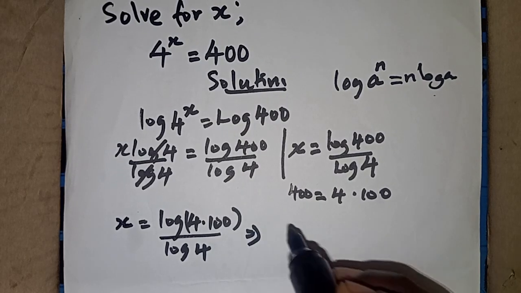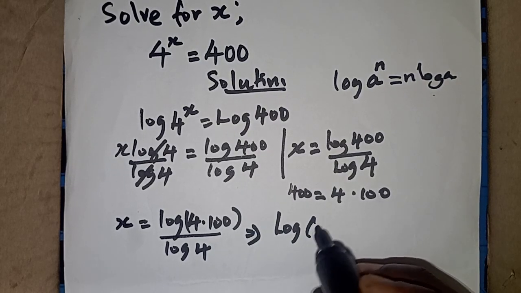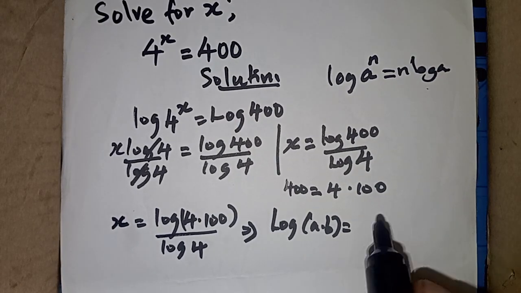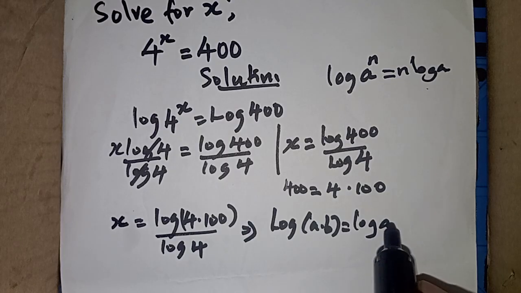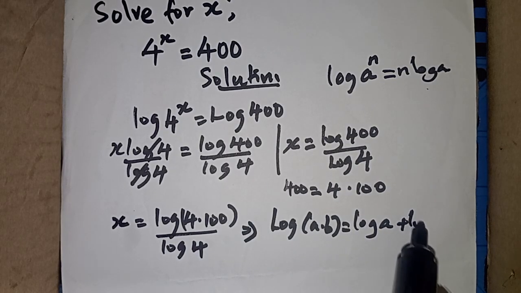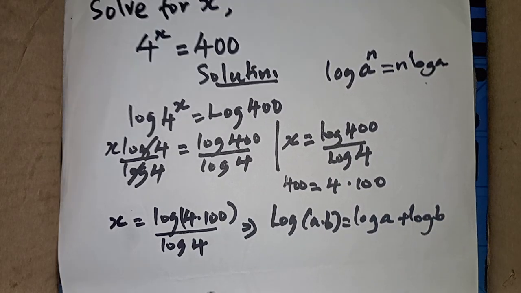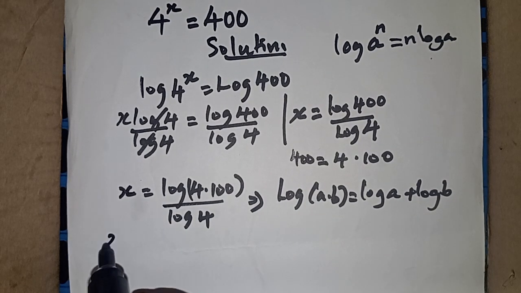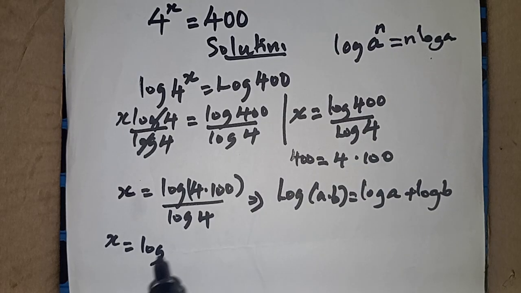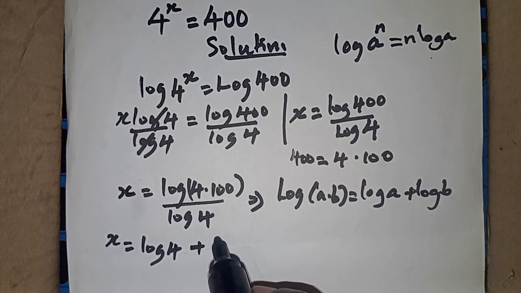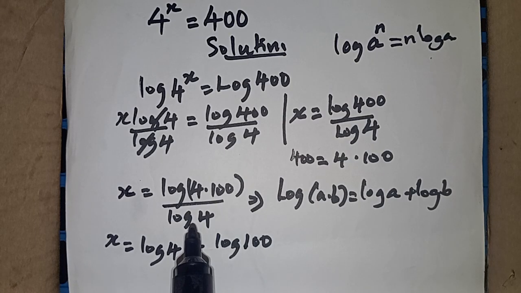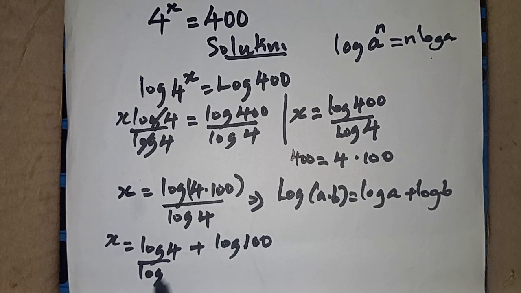And this implies that if you have the log of a multiplied by b, then the law of exponents says that you just take the log of a plus the log of b. So at this particular point, the value of x becomes the log 4 plus the log 100, and since the denominator was log 4, I divide all through by log 4.